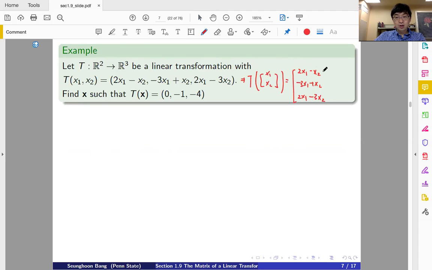You can change it to the matrix A and vector x form.